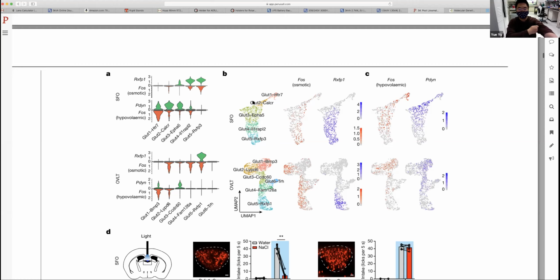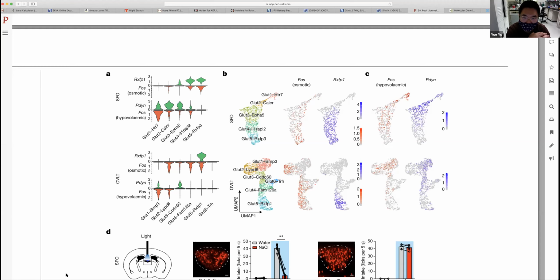Well, I mean, if we look at the A top panel, the Fos expression in osmotic, the RXFP1 might be pretty similar, as in neuronal groups 4 and 5 you also have overexpression of RXFP1, whereas in the OVLT region, it's not quite the case, right?